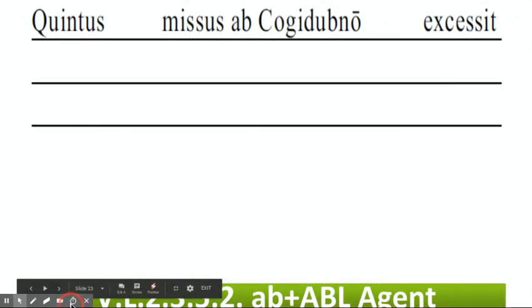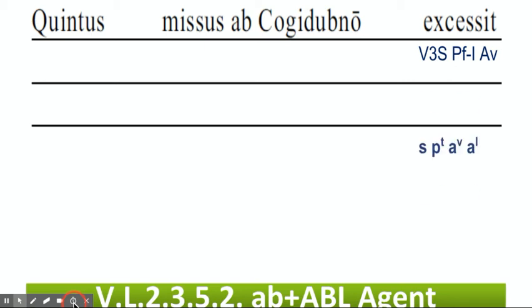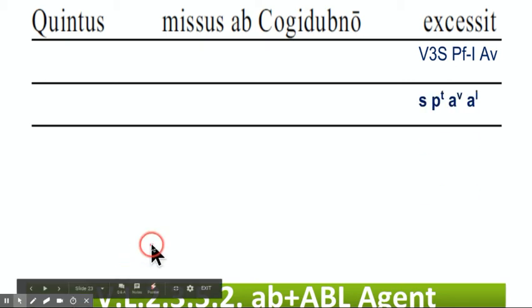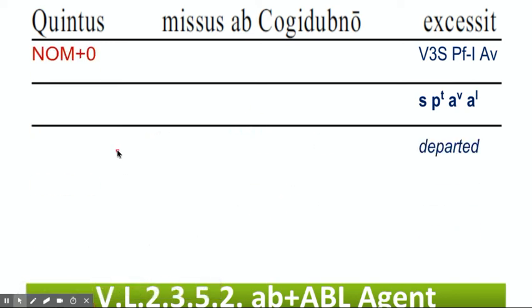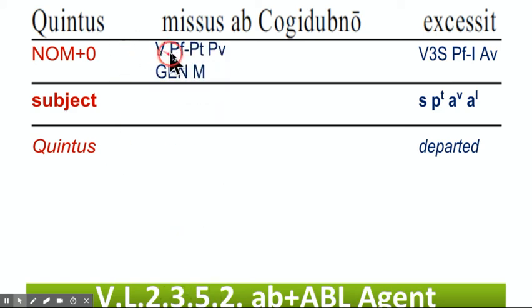Ab plus ablative agent phrase. The ab plus ablative agent phrase is going to indicate passive voice. So therefore, you have exquisite, that's just a normal active. You have quintus departed. But now we have this circumstance clause.